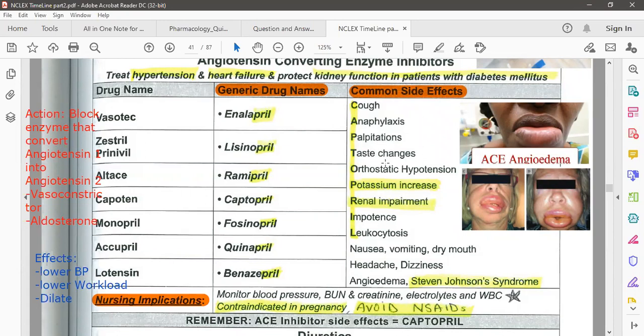T stands for taste change, O for orthostatic hypotension, and P stands for potassium increase or hyperkalemia, and R stands for renal impairment, I stands for impotency, L stands for leukocytosis. So it is an easy way to remember; if you remember Captopril, you can easily recall the common side effects of angiotensin inhibitors.